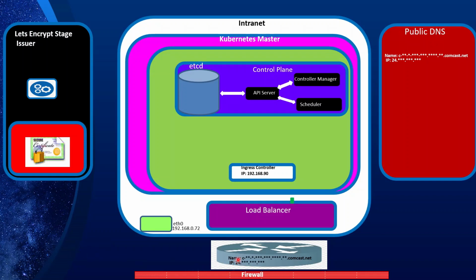This router has been assigned a public IP address by my ISP, which is Comcast, and also assigned a name. So this router has a name, and that name is registered in the public DNS.